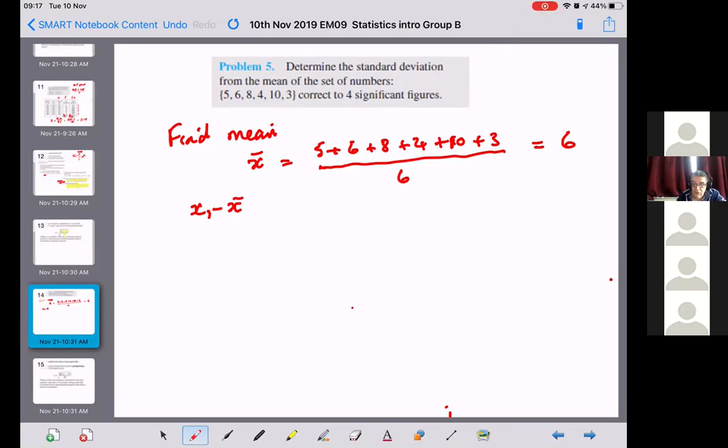For the first one in the set we get -1, because we have 5 minus 6. 6 minus 6 is nothing. 8 minus 6 is 2. 4 minus 6 is -2. 10 minus 6 is 4. And 3 minus 6 is -3. Then we need to square those.